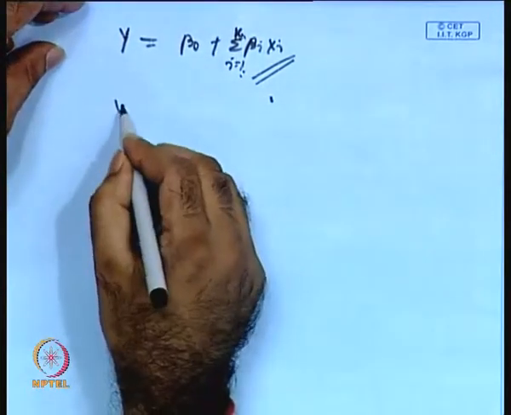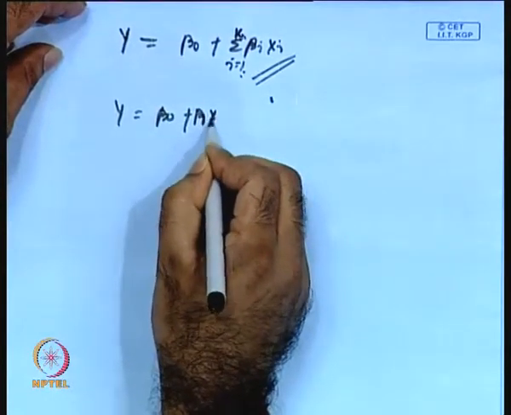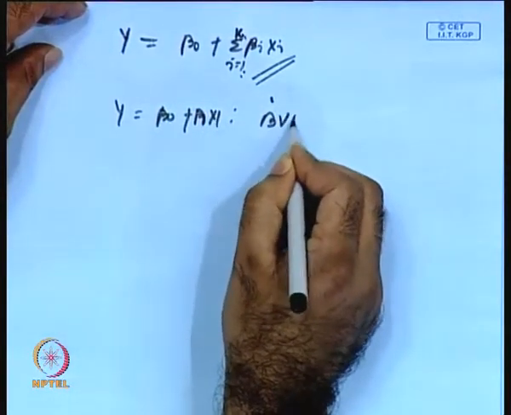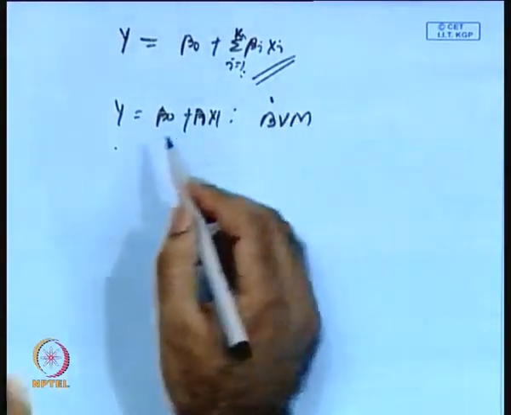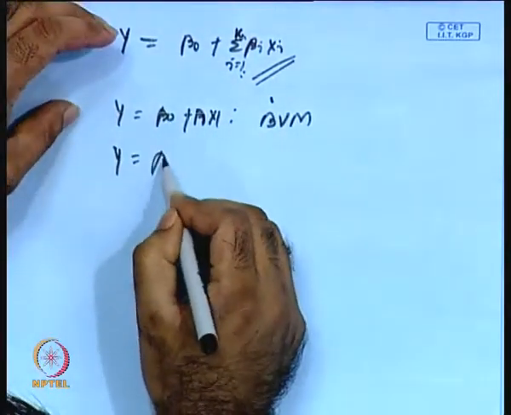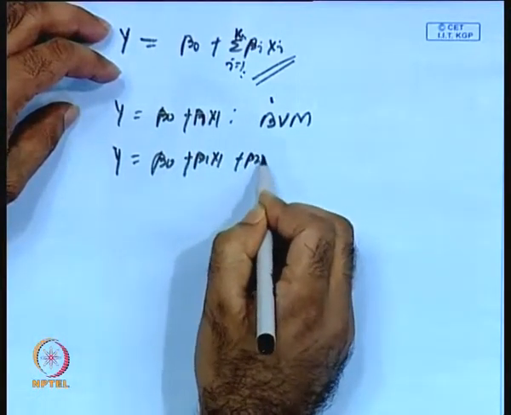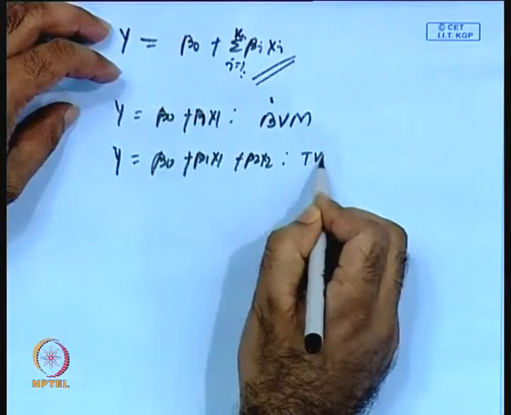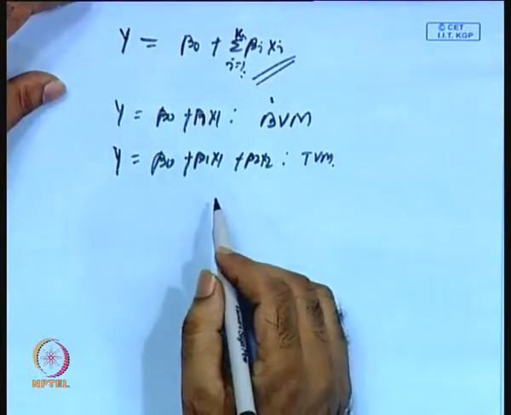So that is the bivariate model. When i equals 1 to 2, the structure will be y equals beta 0 plus beta 1 x1 plus beta 2 x2. That is called a trivariate model, which we have just discussed.